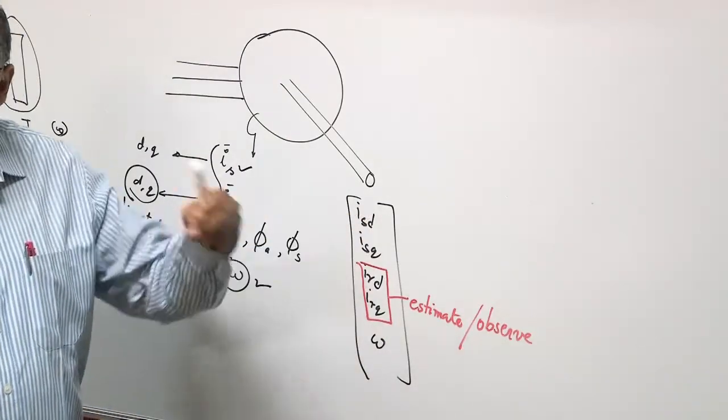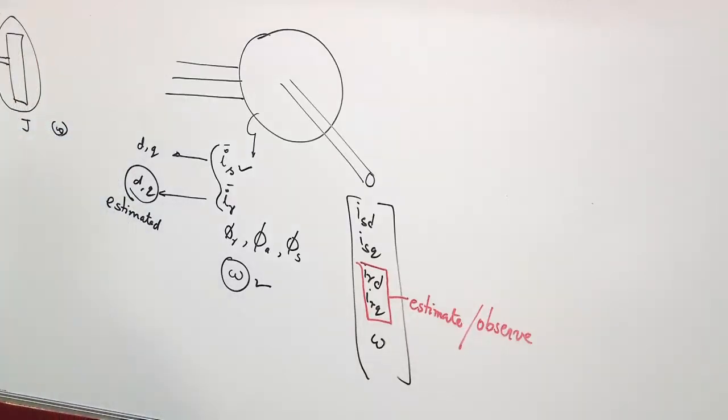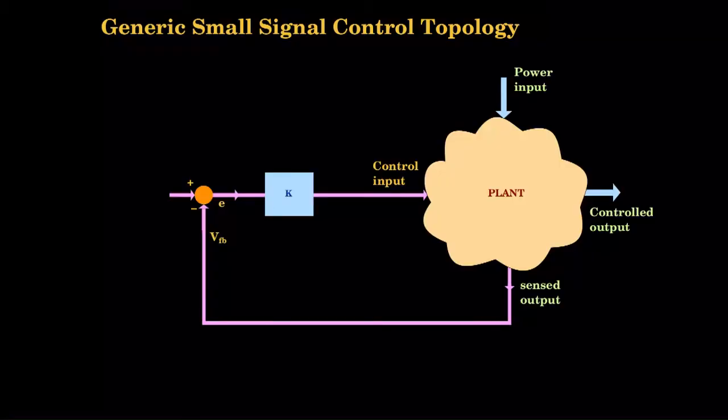Then I will put them all together and then feed it back. So, it is still a full state feedback. Then I will have how many gains there? K1, K2, K3, K4, K5 like that. So, that way it will start falling into place.